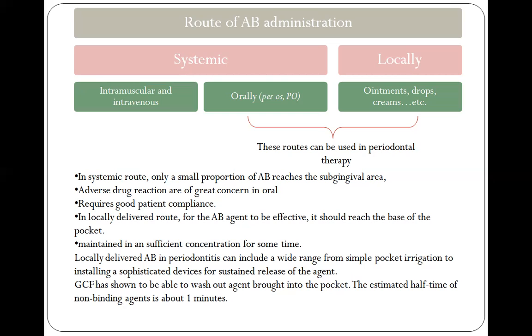While with locally delivered routes, for the antibiotic to be effective, it should reach the base of the pocket. Therefore, mouth rinses will not be effective as an antibiotic regimen for periodontitis because they will not reach the base of the pocket. It should also maintain a sufficient concentration for a long time.